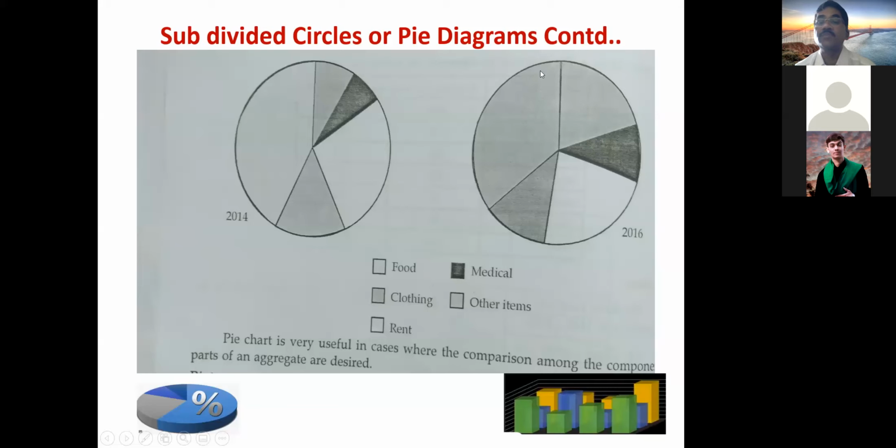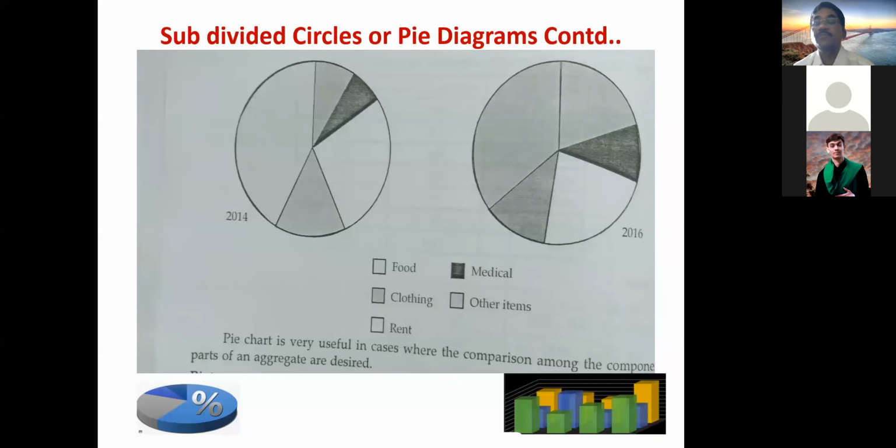So like that, you can compare from one portion to another, from one component to another component. The comparison is easy with pie charts. That is the benefit or advantage when you use the pie chart for data incorporation.